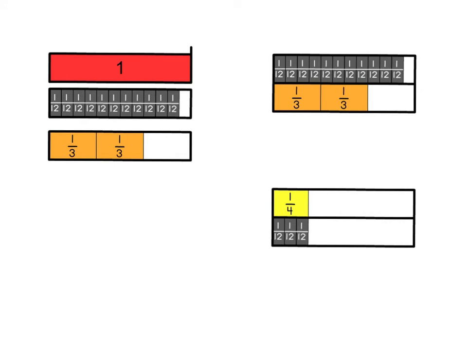All right, on this last page here, this is a little bit different because it's adding and subtracting fractions with unlike denominators. So we're going to look at a subtraction problem. So this problem here is going to be 11/12 minus 2/3.